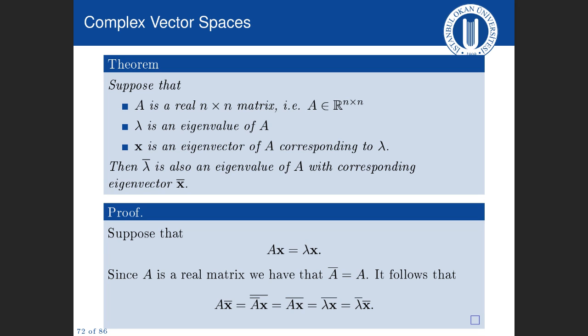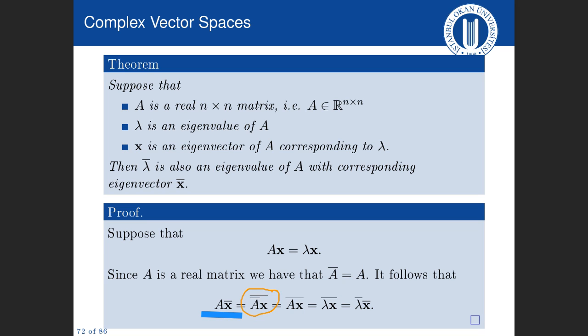And then the calculation goes like this. I want to show that the complex conjugate of x is also an eigenvector of A. So I'm going to start with A multiplied by the complex conjugate of x. And as we've seen, the complex conjugate of the product of two matrices, because a vector is a type of matrix, an n by 1 matrix, we just take the complex conjugate of each term.